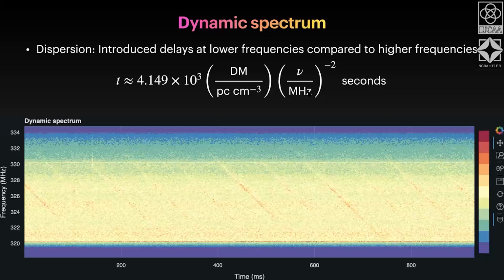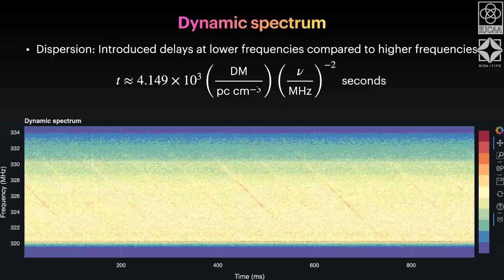You use the observational frequency, not the scaled down frequency, because that is what is getting delayed in the interstellar medium. You use that in megahertz along with the dispersion measure for the pulsar, and you'll get the delay compared to infinite frequency. Now, what we have is a frequency range.